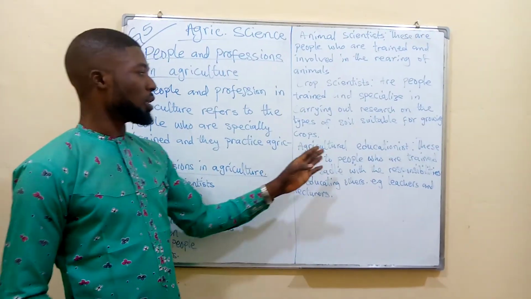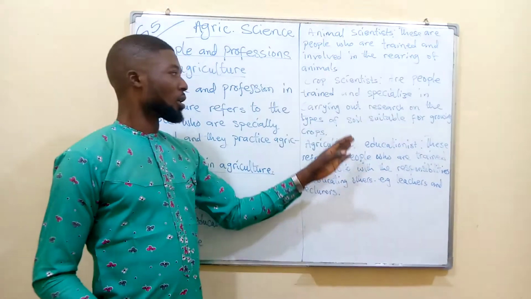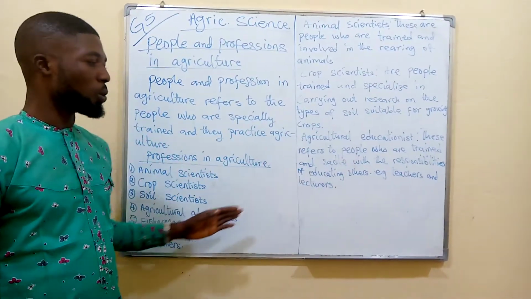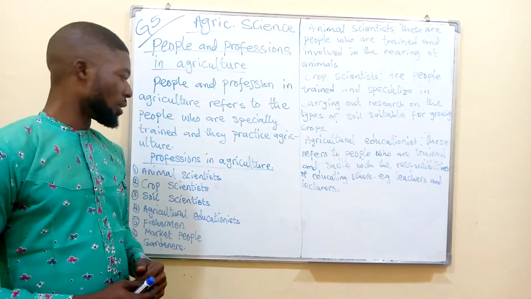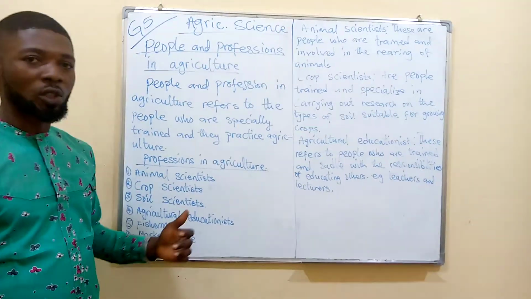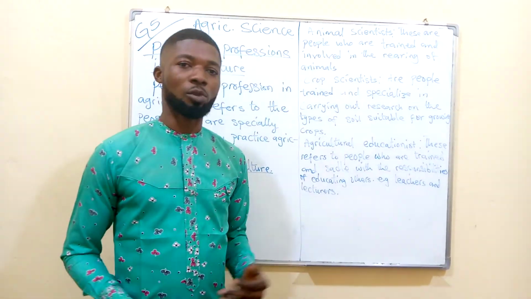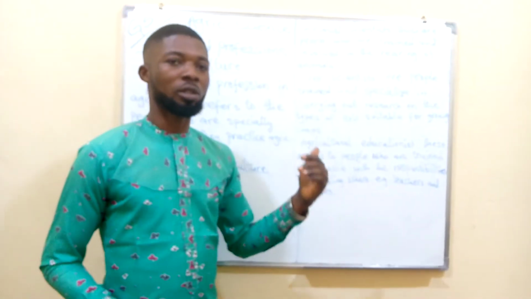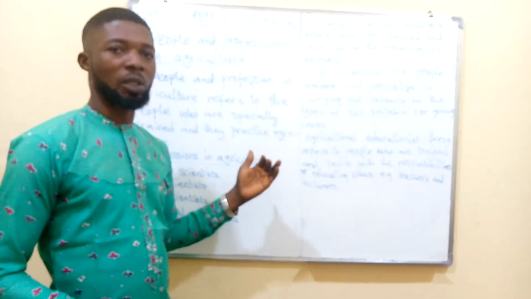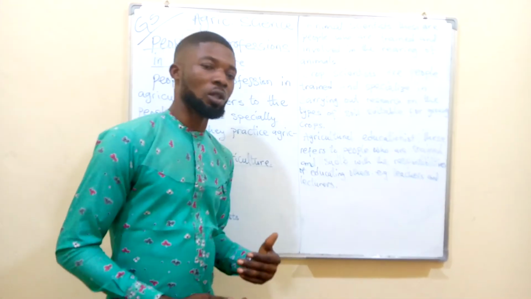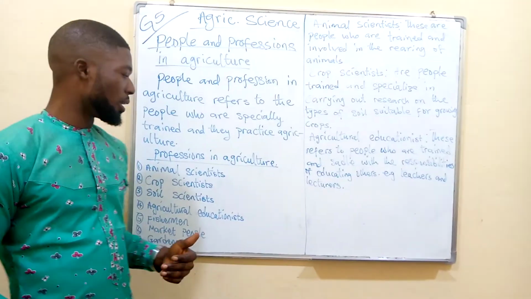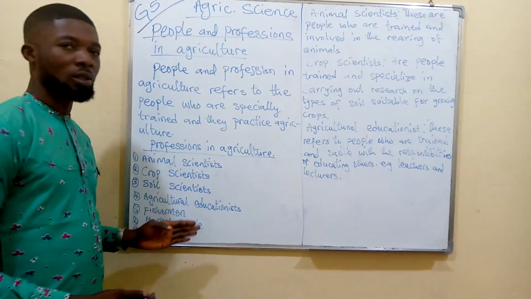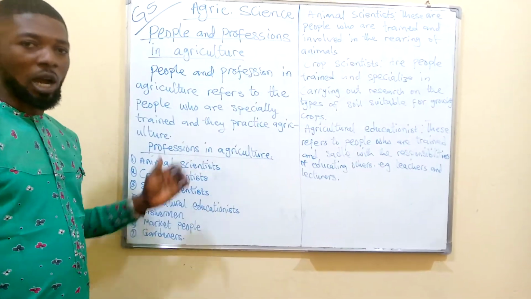As brief as the topic is, I believe we have understood what people and professions in agriculture is all about, and we have identified our 7 professions in agriculture.